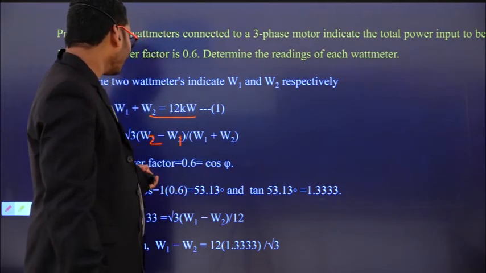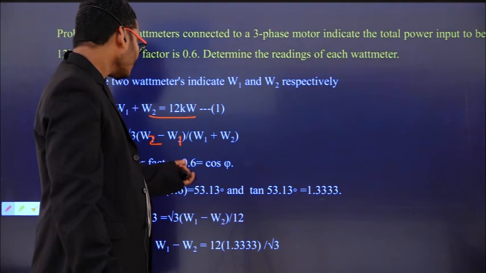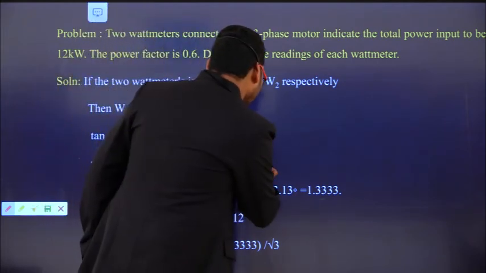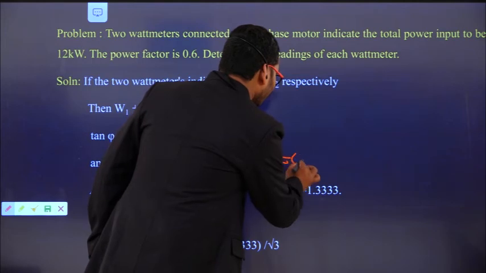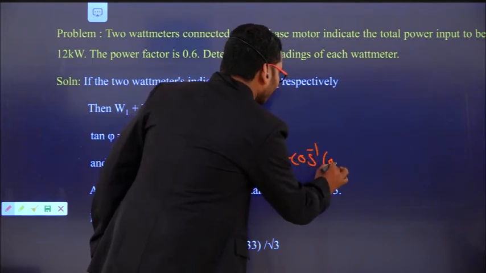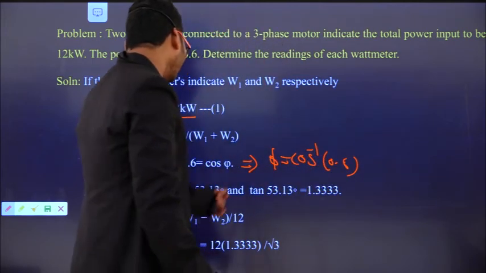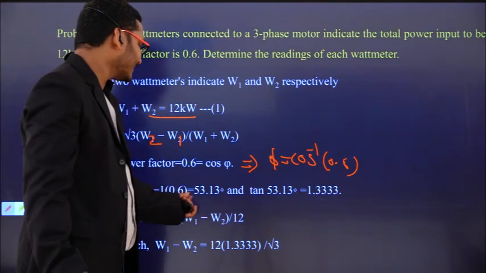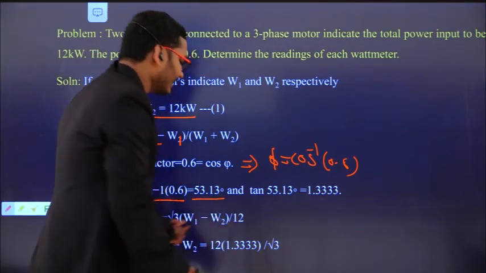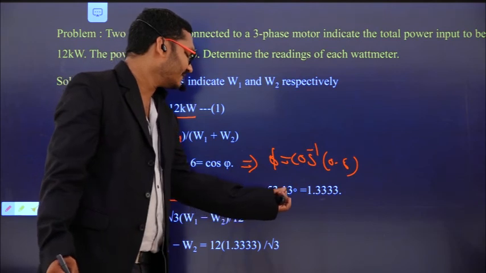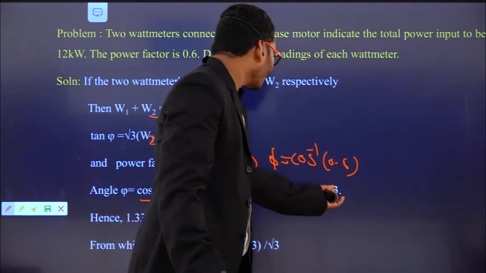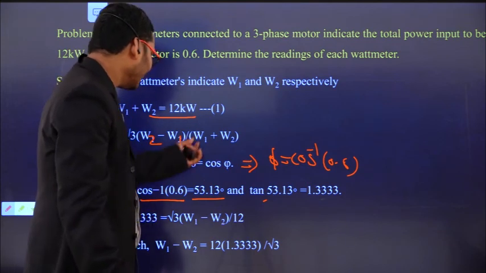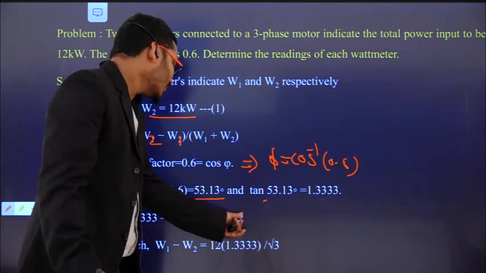The power factor is already given as 0.6. Once cos phi equals 0.6, phi equals cos inverse 0.6, which gives 53.13 degrees. Then tan phi equals tan 53.13, which equals 1.33. Just substitute here, 1.33 and equation number 1, W1 plus W2 equals 12.